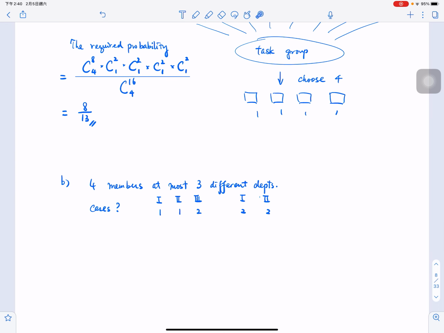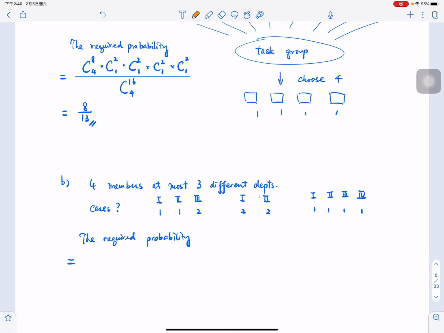Actually, the simplest method is related to part A. Do you know why? Because the complement of part A is the answer. You can choose 4 members from 4 different departments.